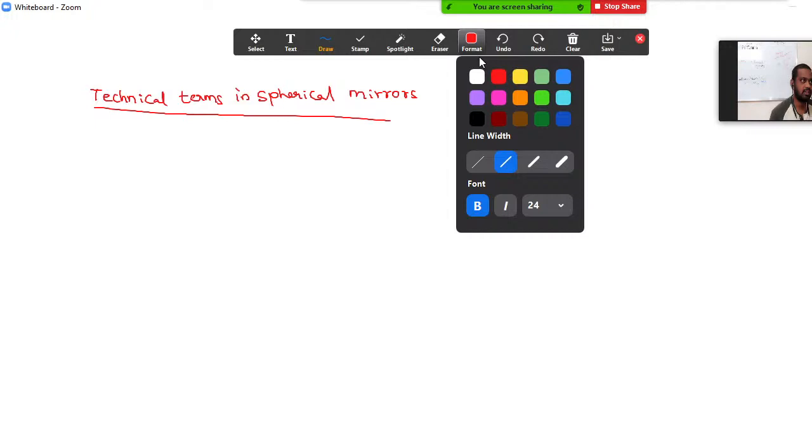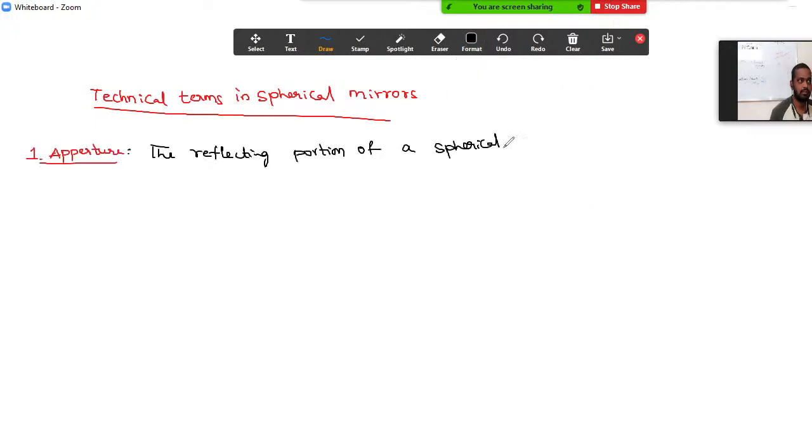The reflecting portion of a spherical mirror is called aperture.